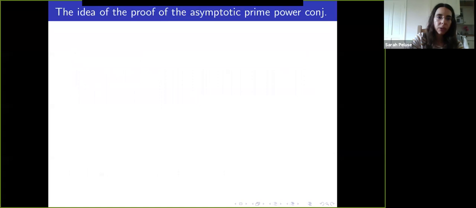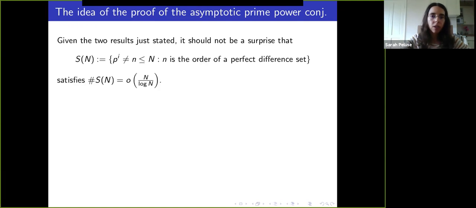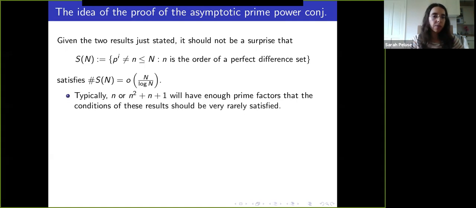So how do we use these results? The results I just told you should be enough to convince you heuristically that the number of non-prime power order perfect difference sets below n is little o of n over log n, because for typical n, either n or n squared plus n plus 1 will have a large number of prime factors.